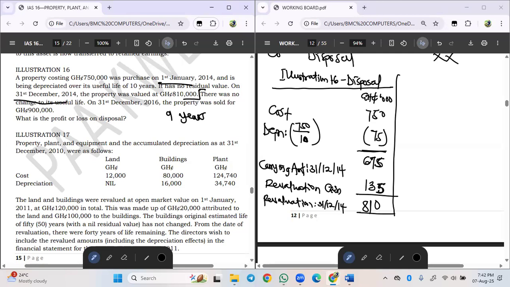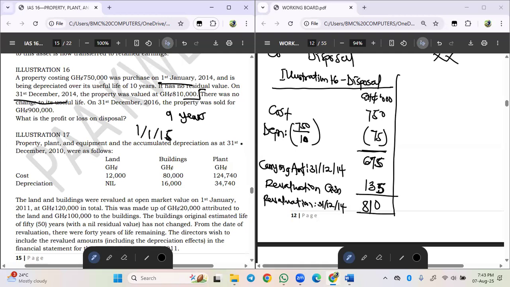With 9 years remaining, subsequently the depreciation we are going to calculate will be on the revalued amount, so on the 810, divided by the 9 years, because that is what is left. The disposal occurred on 31st December 2016. This is the asset at 31st December 2014, so it can be carried forward to 1st January 2015.